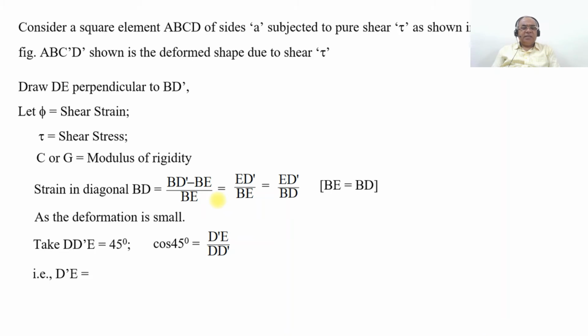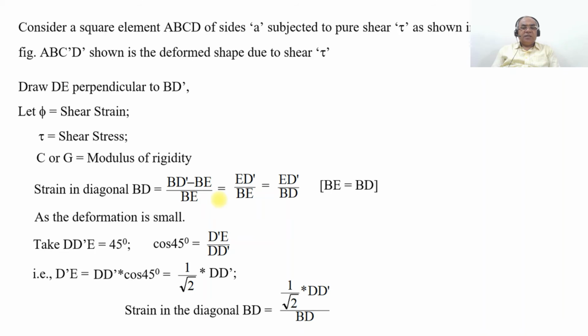So D dash E will be equal to DD dash into cos 45, that is 1 by root 2 into DD dash. The strain in the diagonal BD will then be obtained by substituting D dash E as 1 by root 2 into DD dash, divided by BD.